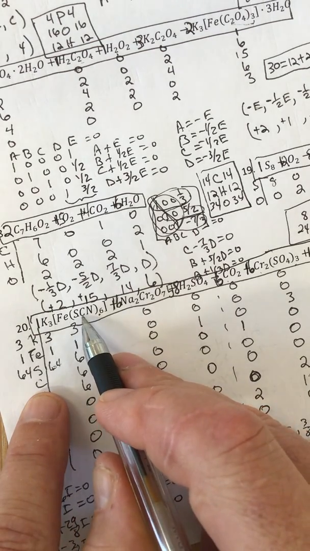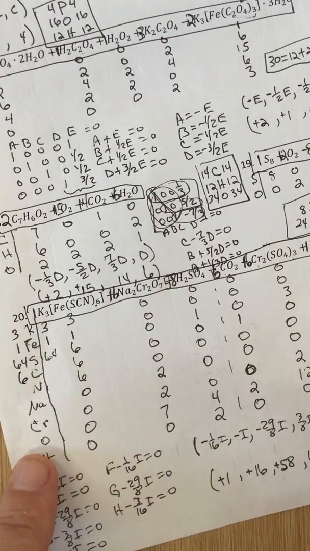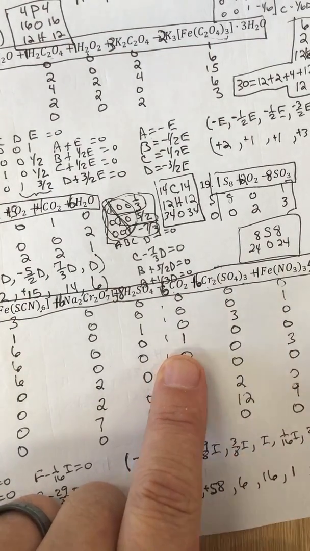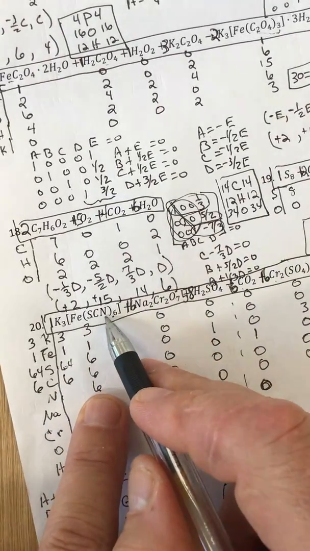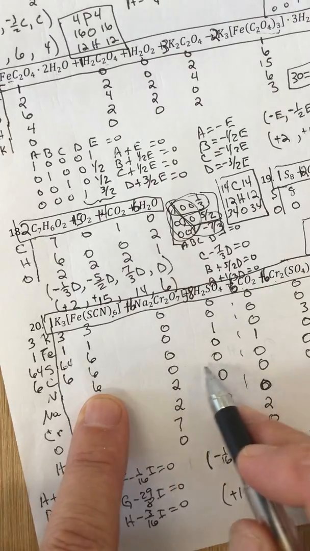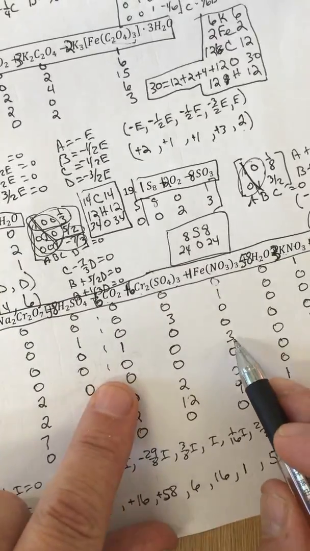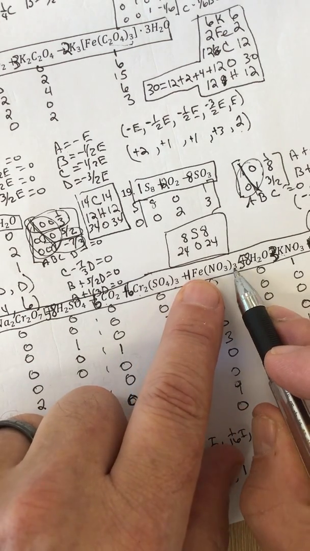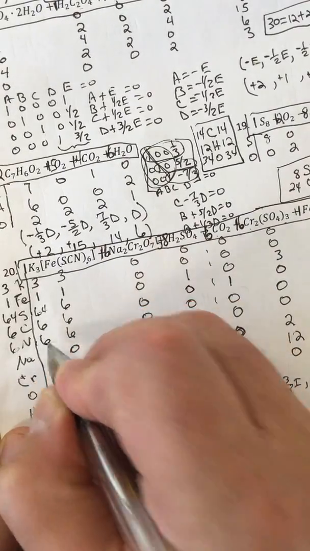Carbon. Okay, there's 6. So this side has 6. There's a single 6 times, and that's all there is. Nitrogens. There's 6. That's all there is. So right here's some nitrogens. So there's a single 3 times, and there's a single 3 times. So 3 and 3, 6.